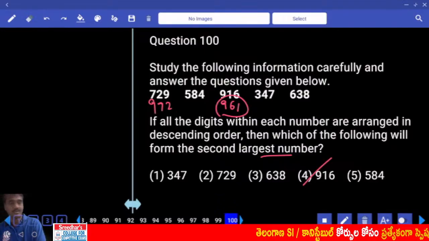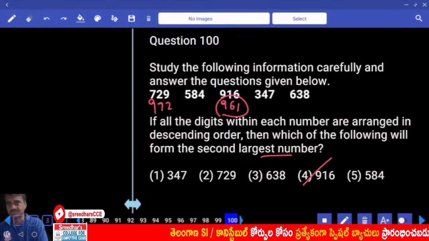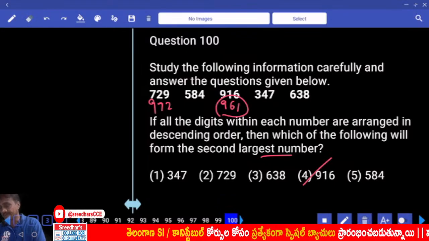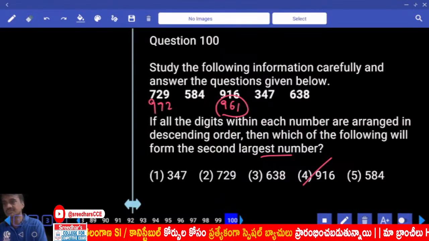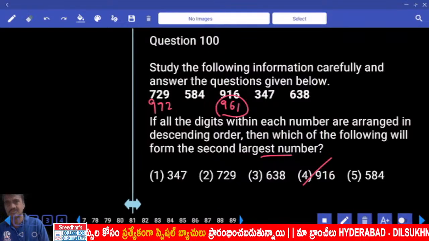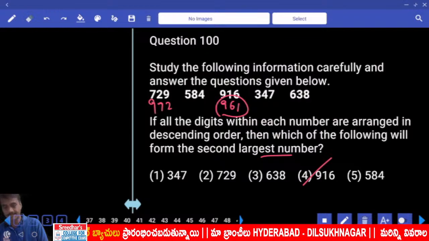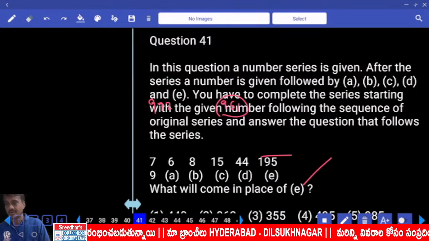Now this is about paper number 29, question numbers 66 to 100. Number series. Question numbers 41 to 45. Now in this 41 to 45, now parallel rows.